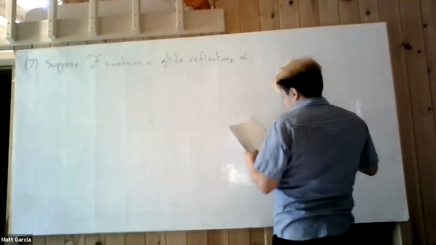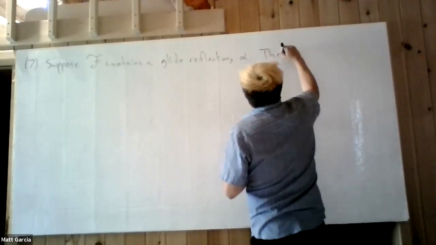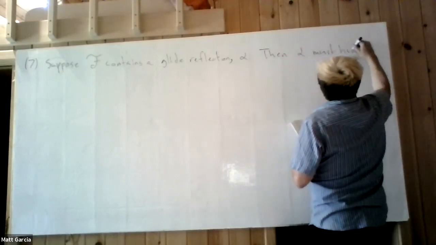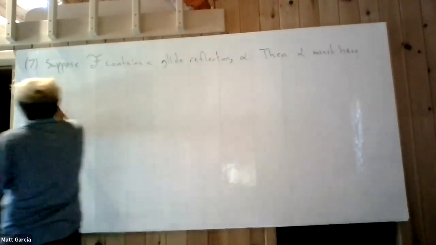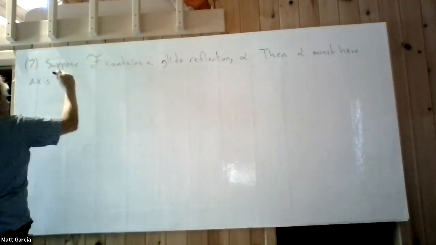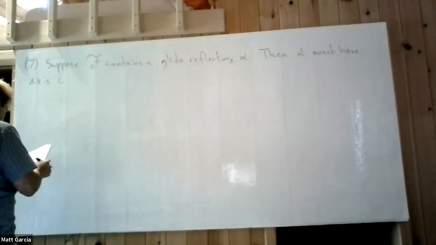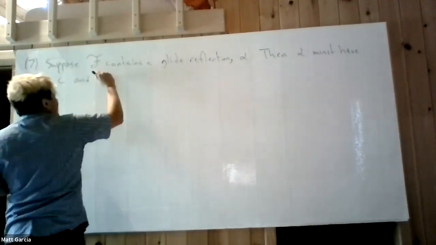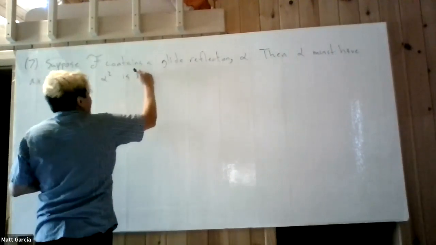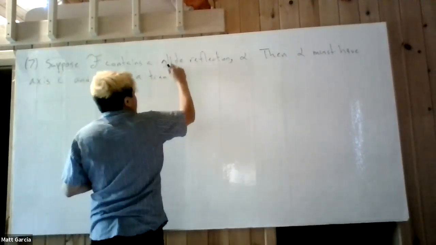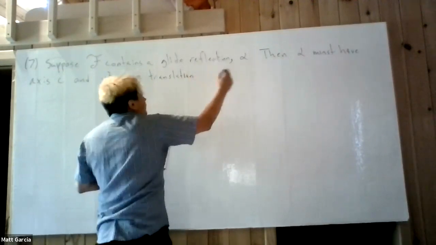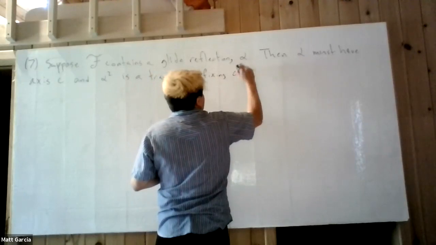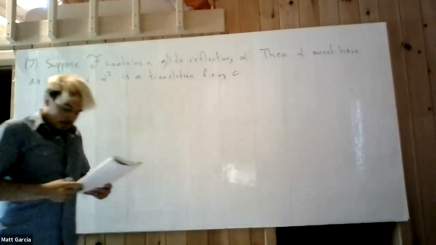And alpha must have axis C. And alpha squared is a translation fixing C.